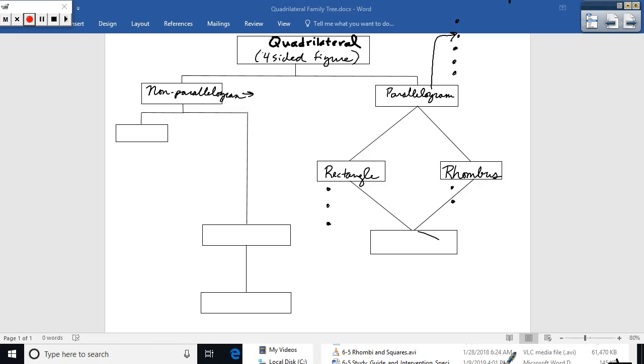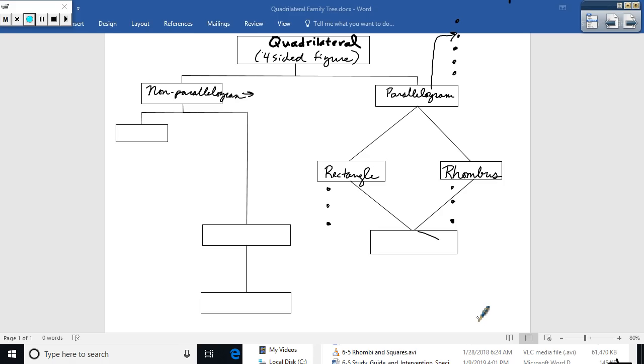The diagonals are perpendicular. And then for the last characteristic of all rhombi, that's the plural of a rhombus, is that the diagonals bisect the angles. Okay, diagonals bisect the angles.